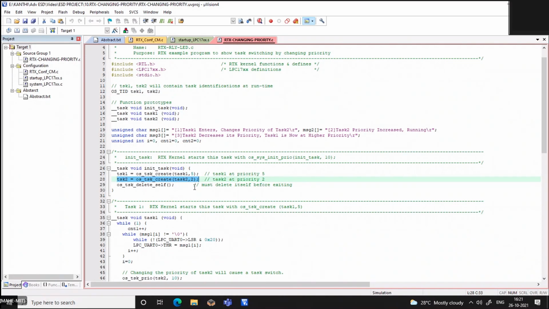Okay, let me repeat. So task 1 is given a higher priority than task 2. So once I start my task execution, definitely task 1 has higher priority than task 2. Task 2 will not get a chance at all. Right? Task 2 will not get a chance for execution.